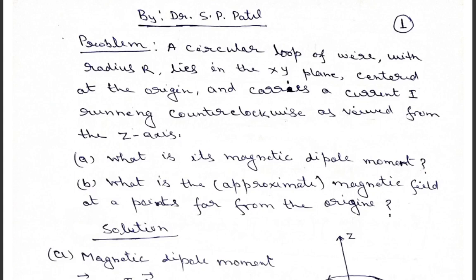and then we tried to calculate the vector potential due to a magnetic dipole, and we defined a quantity that was known as the magnetic dipole moment m, that is equal to I into a, where the dipole moment is a vector quantity. So small m vector is equal to I into a, where I is the current and a is the area vector.